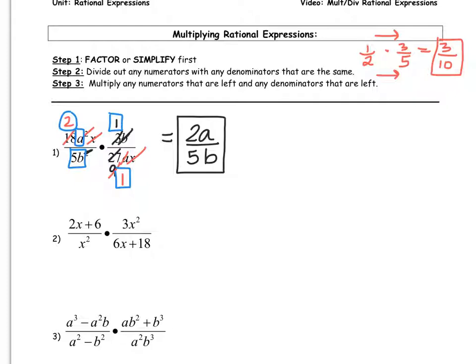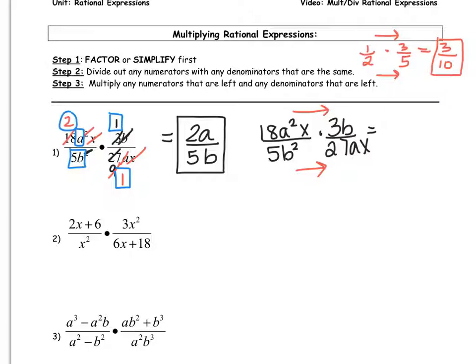Now we could have gotten that answer the other way. The other way would be this: 18 a squared x over 5b squared times 3b over 27ax. So the other way is just go with the rules of multiplication like you've learned in elementary school. Multiply the tops with the tops and the bottoms with the bottoms, and then simplify later. So if you do 18 times 3, and then you multiply a squared x and b together, that would be multiplying the numerators.